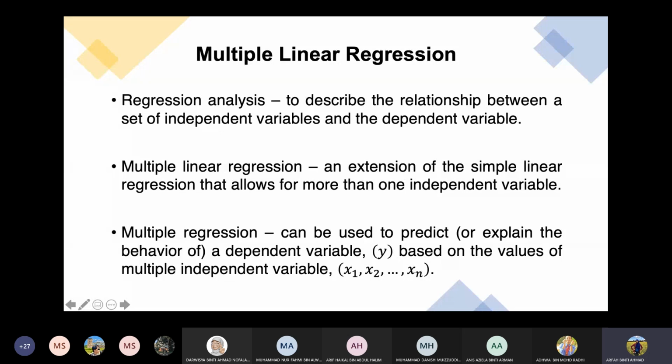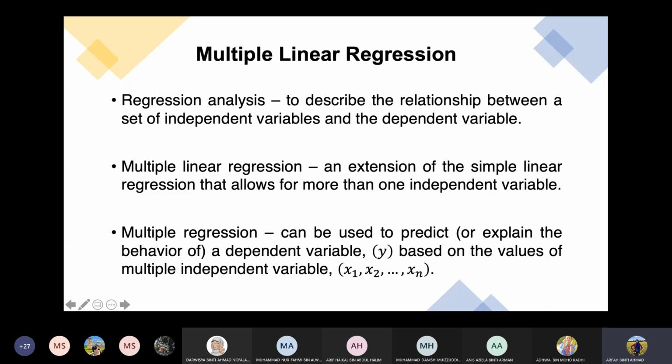So kita nak tengok apakah dia punya hubungan terhadap banyak independent variable towards one dependent variable. Okay, is it going to have a linear relationship, quadratic relationship, exponential or something else?